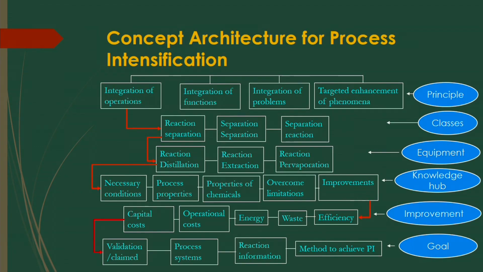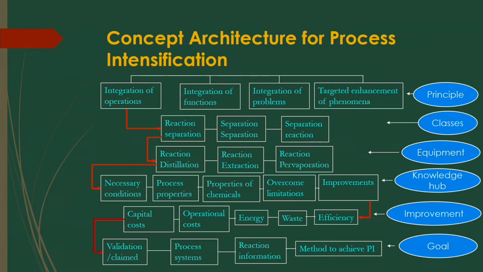And they have given some architecture for process intensification, dividing the process intensification area into 4 parts: integration of operations, integration of functions, integration of phenomena, even targeted enhancement of phenomena, as per their principles. What should be the principle of process intensification?